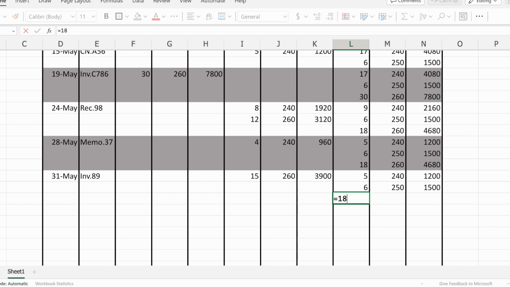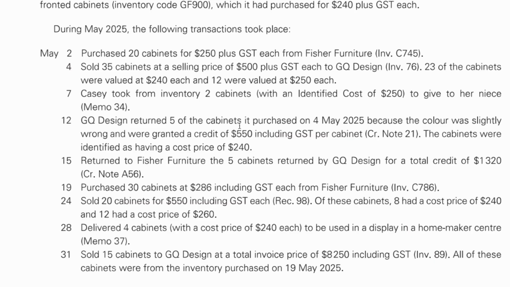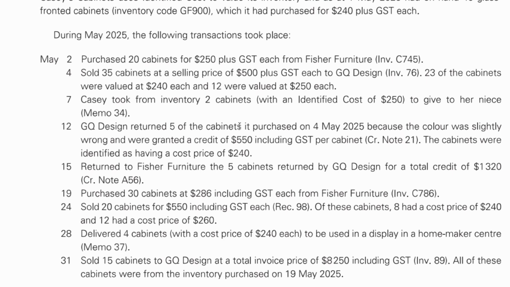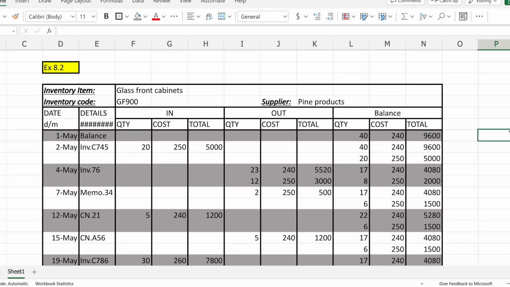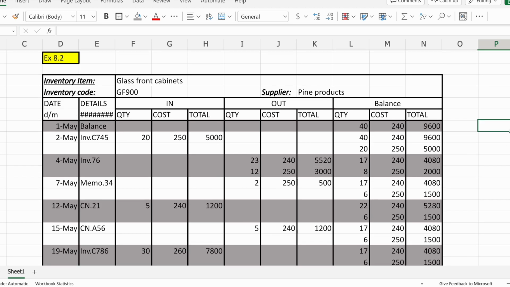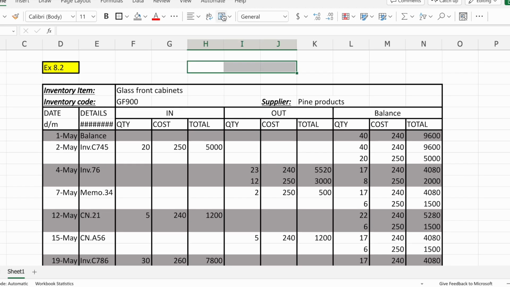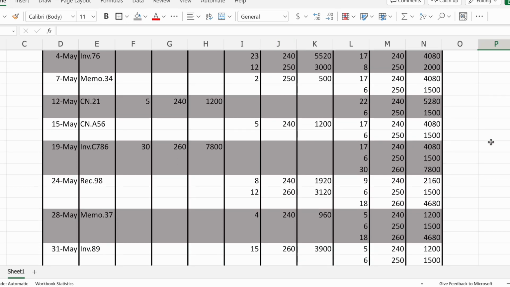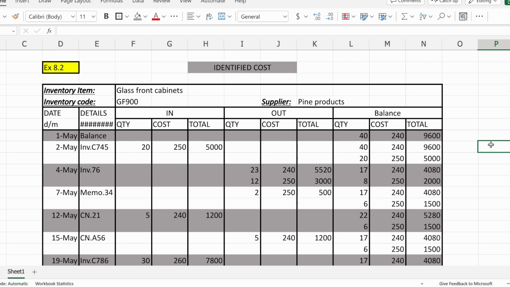In this case it minuses by 15, 3 times 260, so 780. Yep. So there's our finished identified cost inventory card. All right, let me mention that here. Identified cost, not FIFO. Okay, so this is what it looks like.